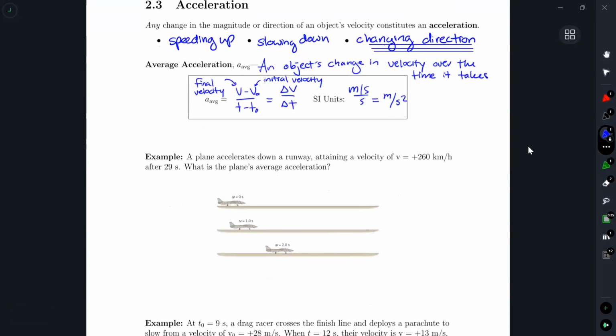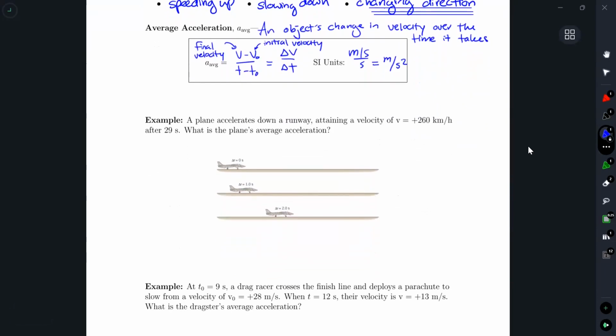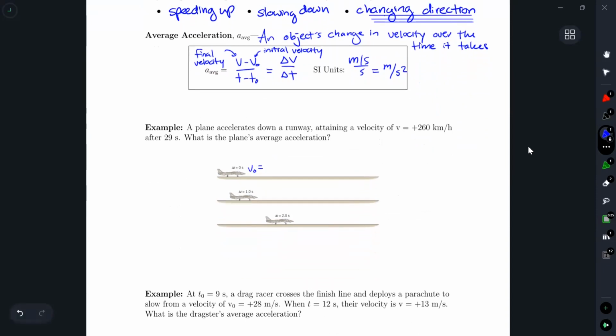All right, so an example of that, a plane accelerates, attaining a velocity of 260 kilometers per hour after 29 seconds. What is the plane's average acceleration? So its initial velocity is 0. I didn't say that here, but it's accelerating down a runway. Hopefully it wasn't moving at first.